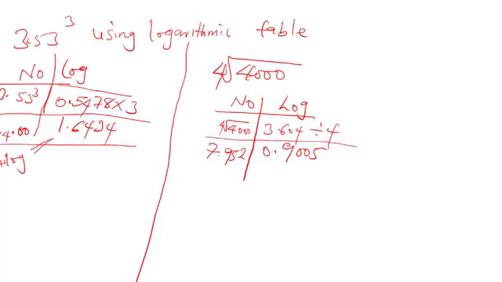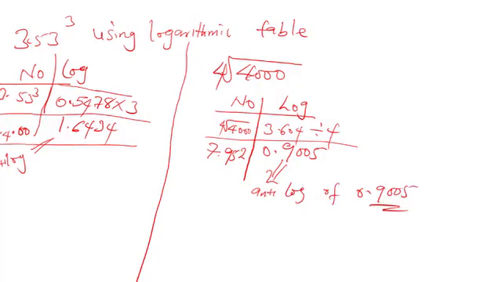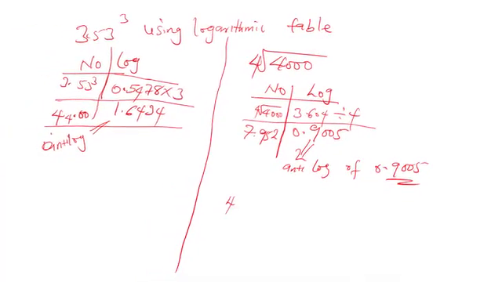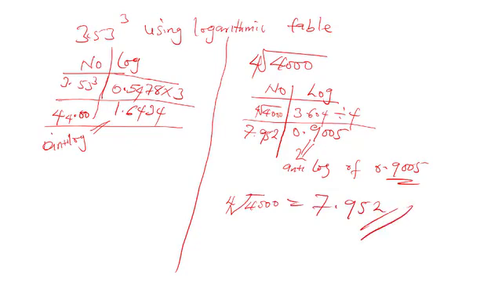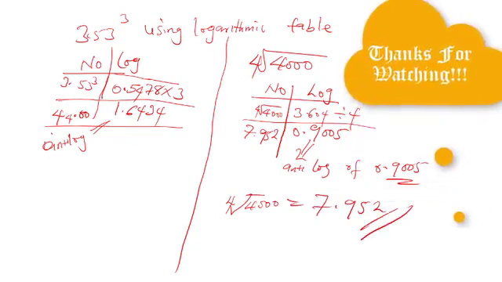That happens to be the anti-logarithm of 0.9005. So we note that the fourth root of 4,000 is equal to 7.952.